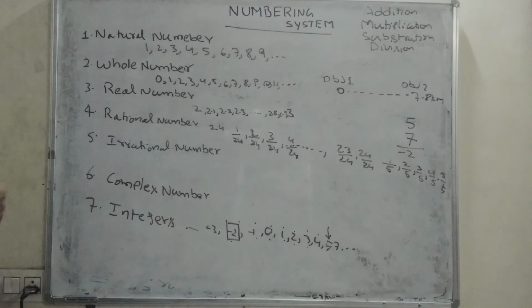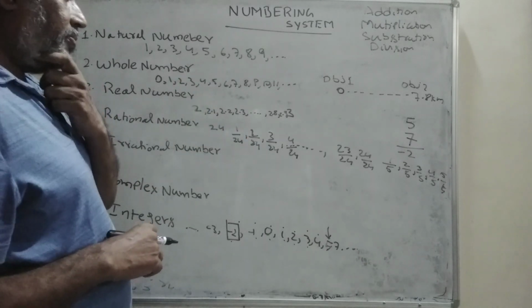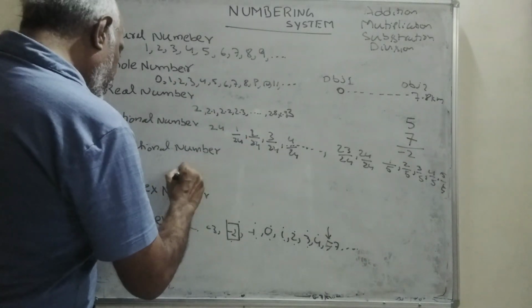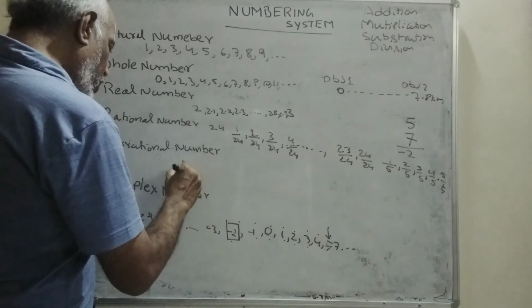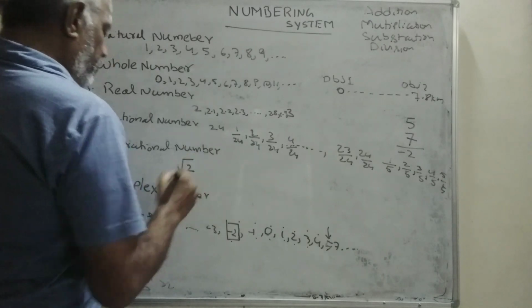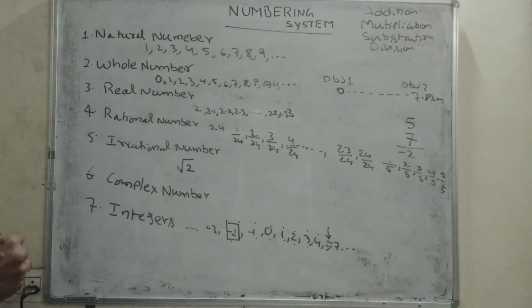Now what is an irrational number? An irrational number is a number which cannot be defined as a rational number. For example, you have root 2.